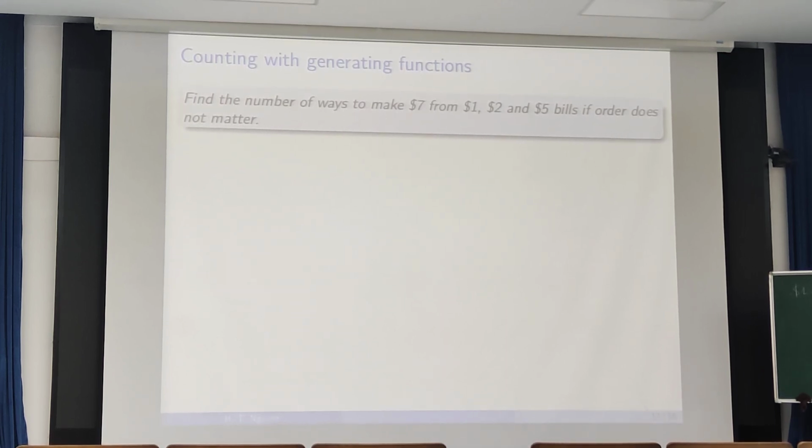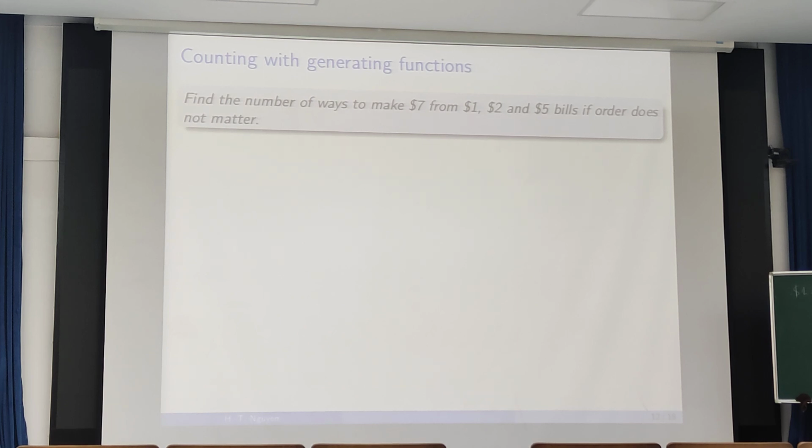If we consider this sequence of values, a sequence of numbers, then we can associate this with a generating function. So this will become 1 plus, you have 0 here, so this is with 0 notes of $1.